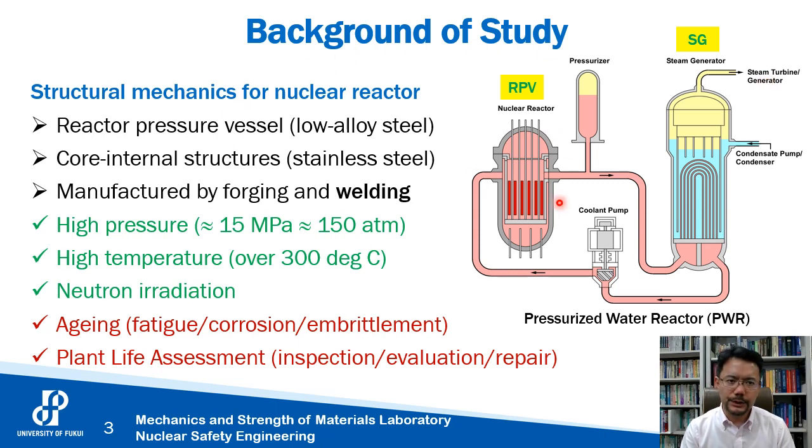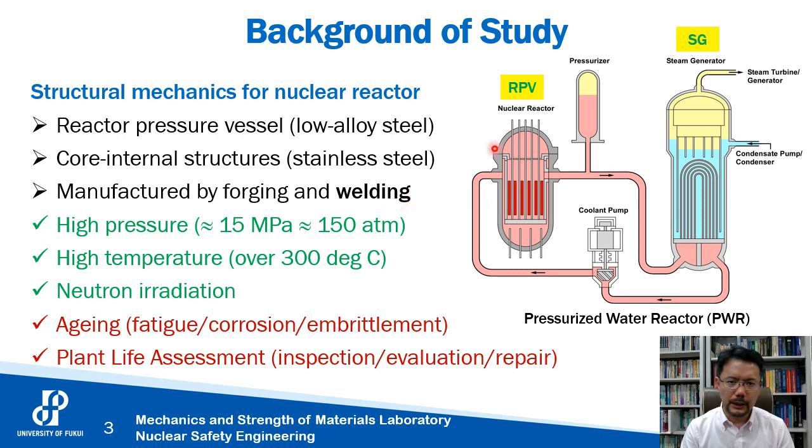The reactor pressure vessel is made of low alloy steel, and the core internal structures are made of stainless steel. And these components are manufactured by forging and welding. And the weld is the most important part because it is vulnerable to cracking.